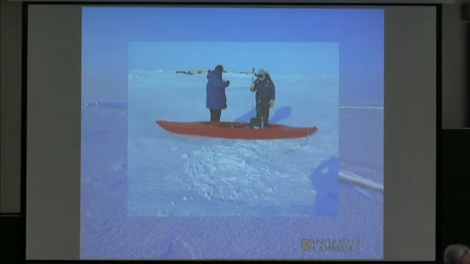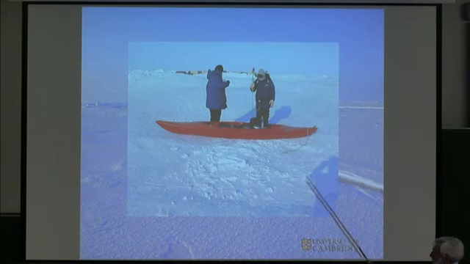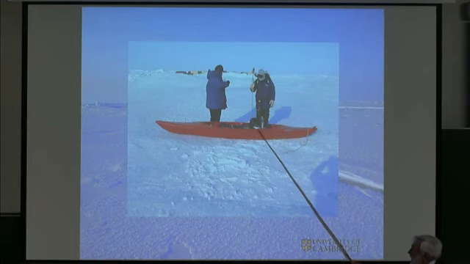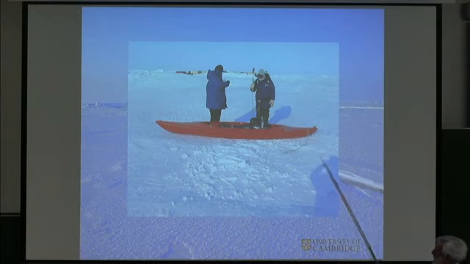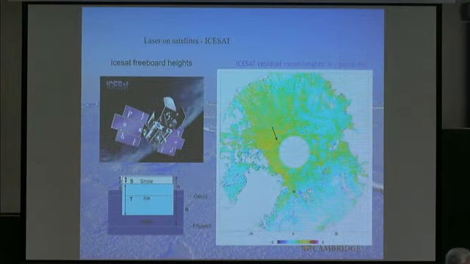Multi-year has been coming out okay because that's completely solid. You can do this to get high resolution by hauling something plastic around and putting your electromagnetic system on that. So this is a kind of hauling a kayak around the Arctic, which gives you high resolution.